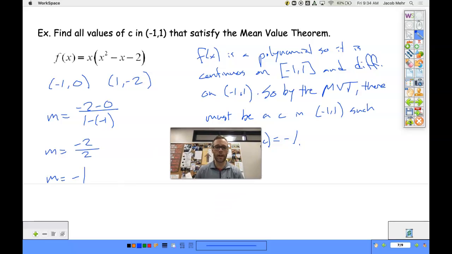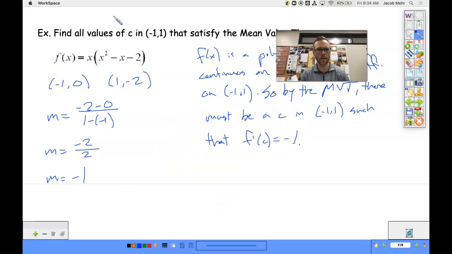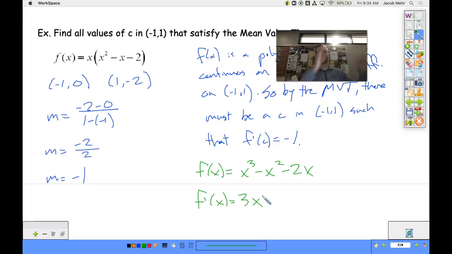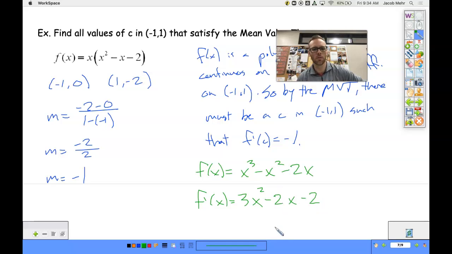All right, so let's find it now. Okay, because I asked you to find all the values that this is true. So we need to take our derivative, and actually before that I would distribute the x to make it a little bit easier to differentiate. Our derivative is 3x squared minus 2x, so lost my squared, minus 2.